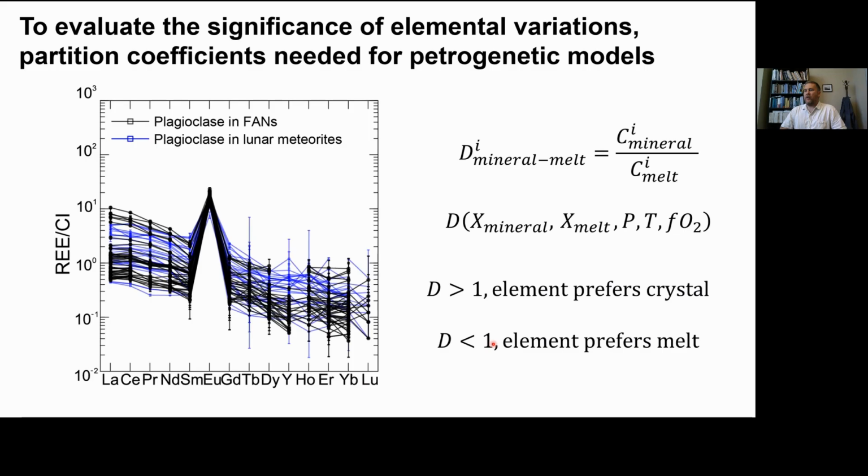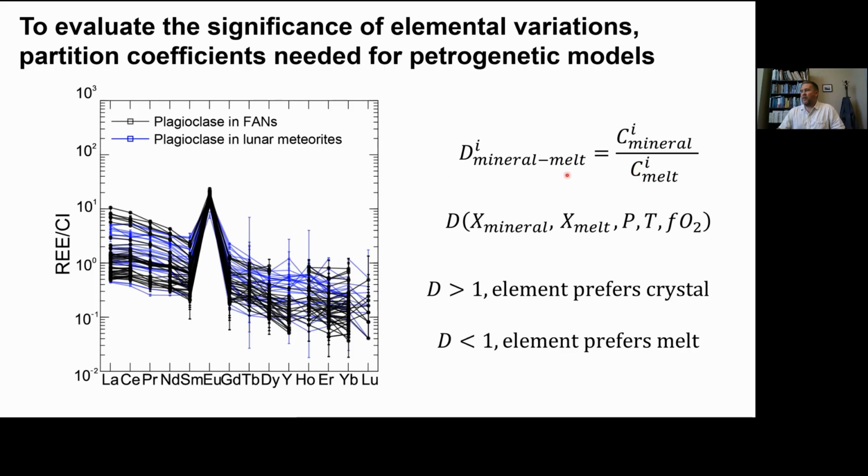So in order to understand the significance of these elemental variations, petrogenetic models have to be developed to quantify elemental fractionation during magma ocean solidification. And so these rely on mineral melt partition coefficients. Here's the definition of a mineral melt partition coefficient. The superscript i refers to the element, and you see here the concentration in the mineral is divided by the concentration in the melt.